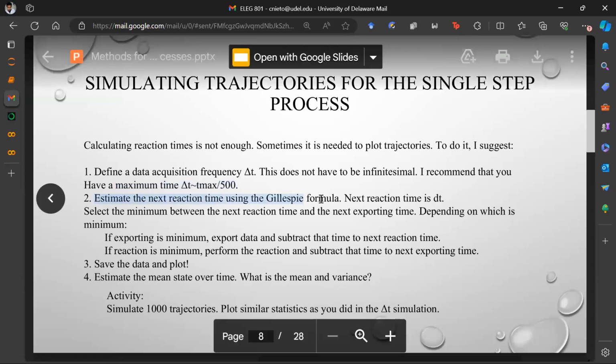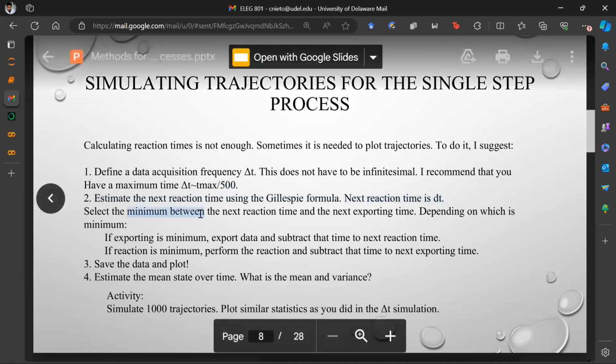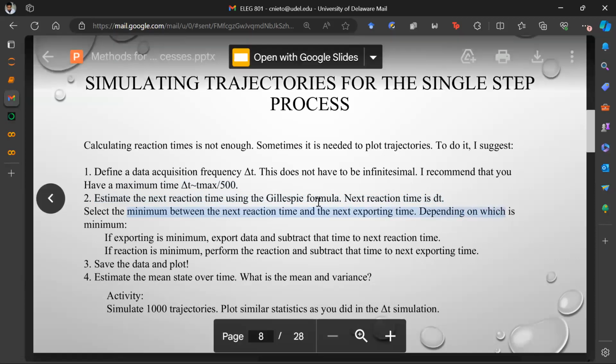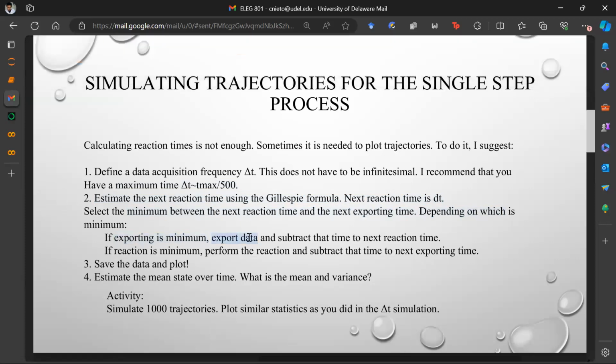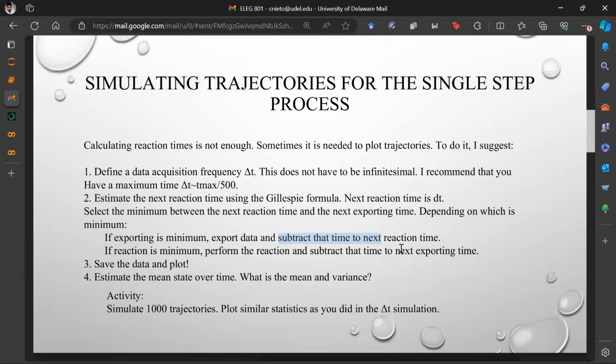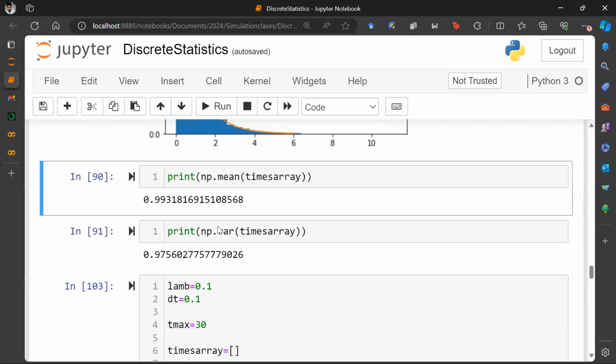So we estimate the next reaction time using the Gillespie formula. Select the minimum between the next reaction time and the exporting time, and depending on which is the minimum, if the exporting is the minimum, export the data and subtract that time from the next reaction time. And if the reaction is the minimum, perform the reaction and subtract the time from the next exporting time. I'm going to explain this more carefully.